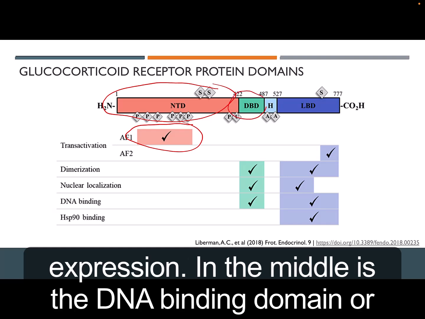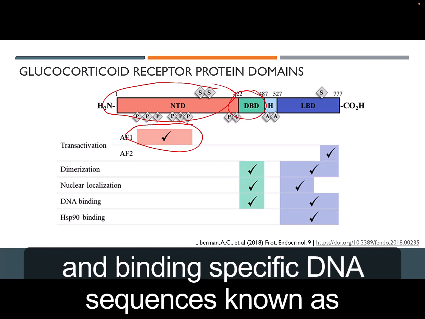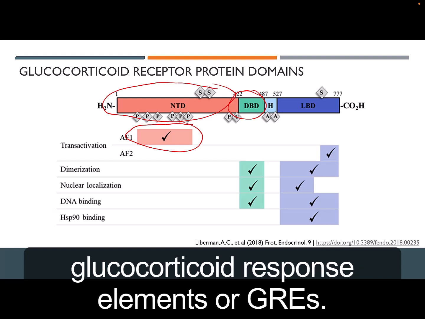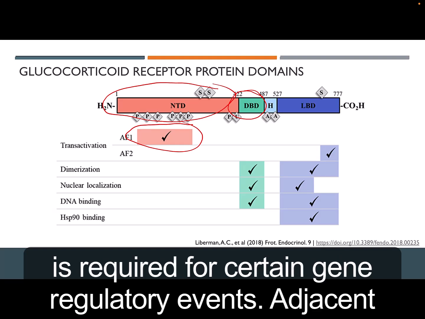In the middle is the DNA binding domain, or DBD. This region is responsible for recognizing and binding specific DNA sequences known as glucocorticoid response elements, or GREs. It also plays a key role in receptor dimerization, which is required for certain gene regulatory events.